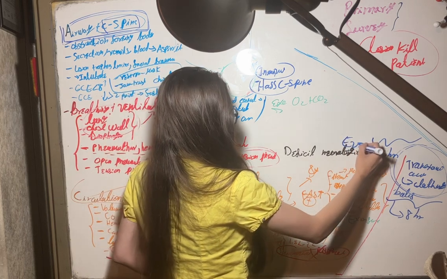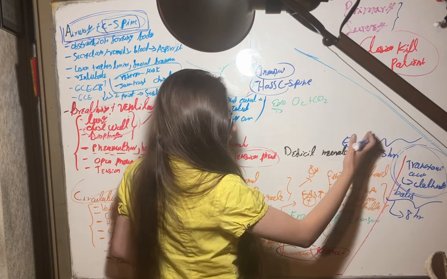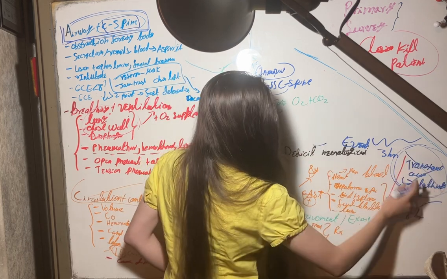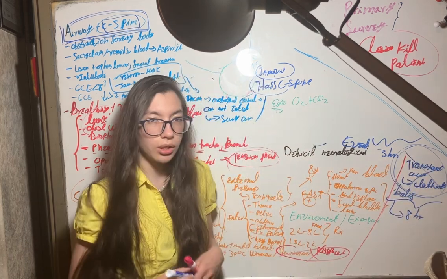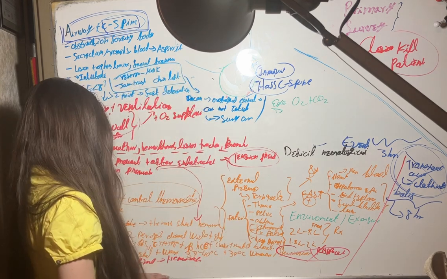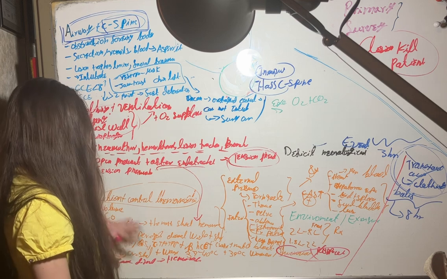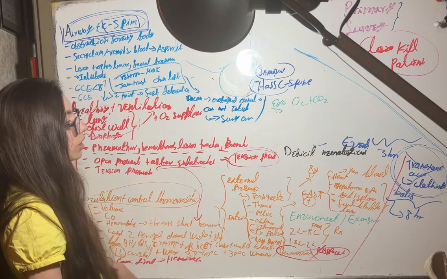If more than 3 hours have passed since the event, then there is no reason to administer tranexamic acid. So these are generalities of the circulation and control of the hemorrhage.